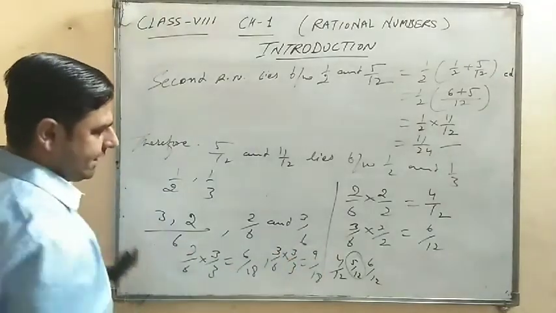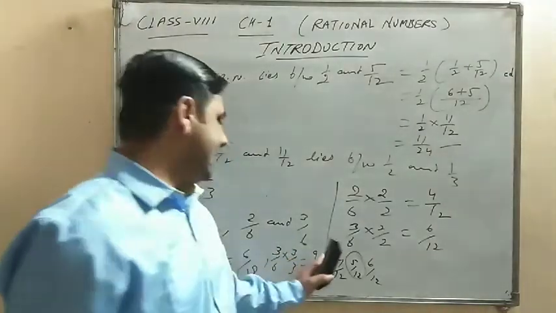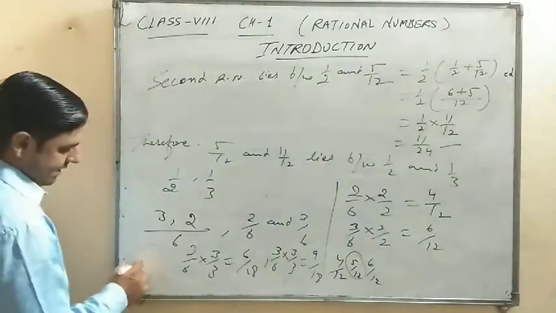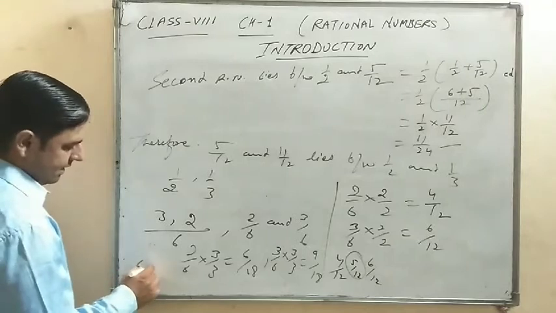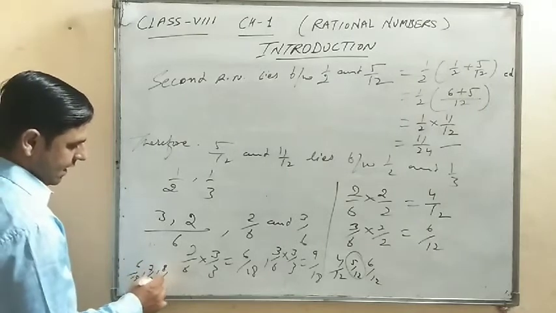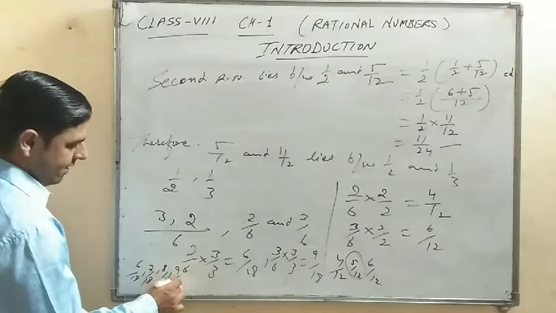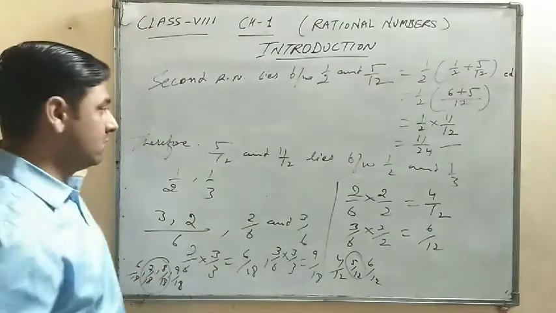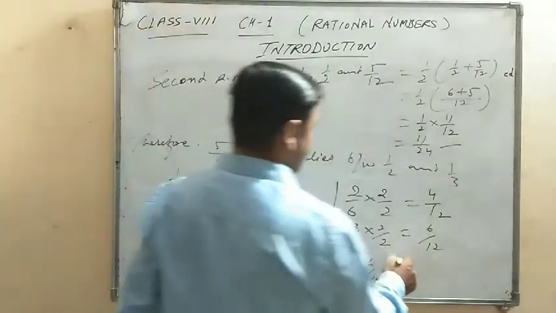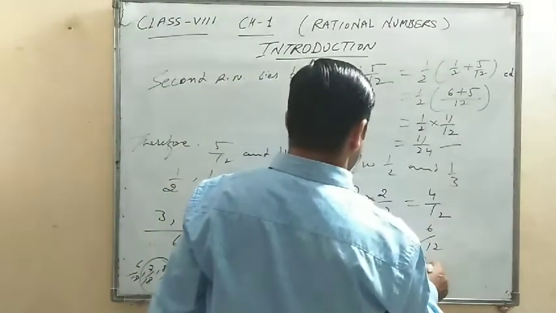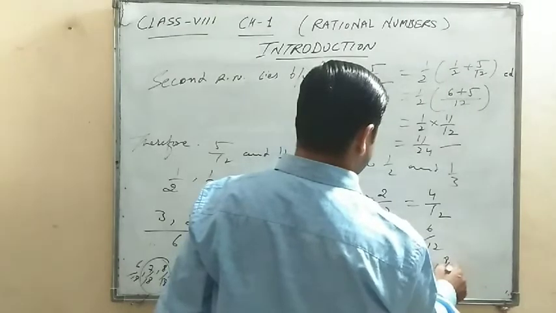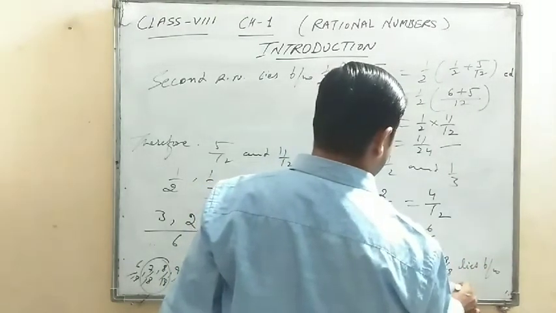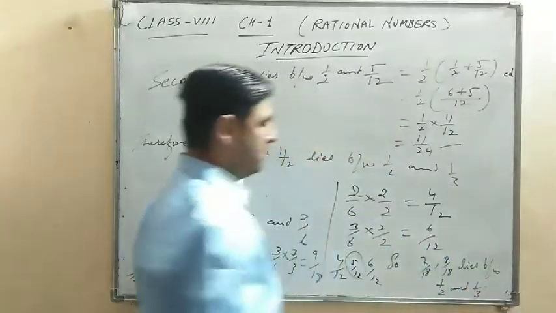So now you can check easily 6/18 and 9/18. So between 6 and 9, two numbers are there, 7/18 and 8/18. So two numbers, 7/18 and 8/18, lie between 1 by 2 and 1 by 3.